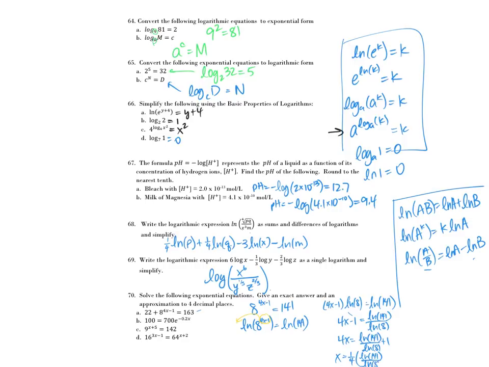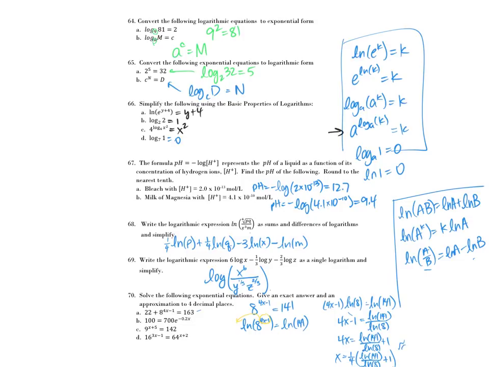Natural log of 8, and then plus 1. Whoops, the plus 1 needs to go inside the parentheses. You see here, plus 1. Okay, and then I can get a decimal approximation for that.